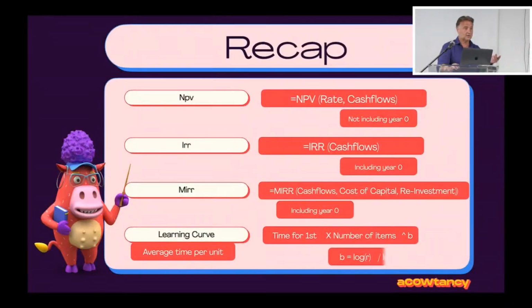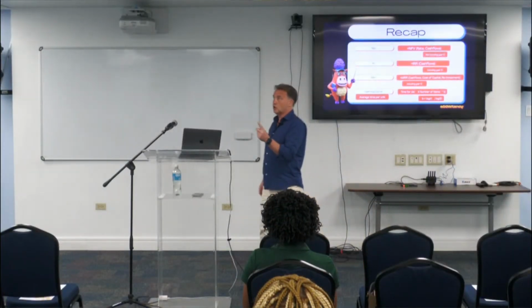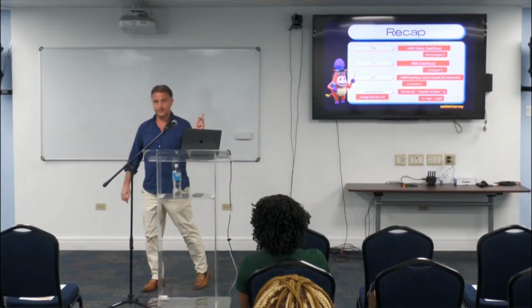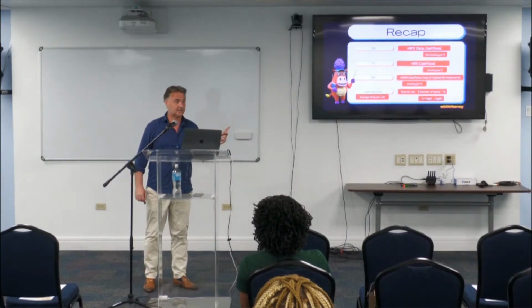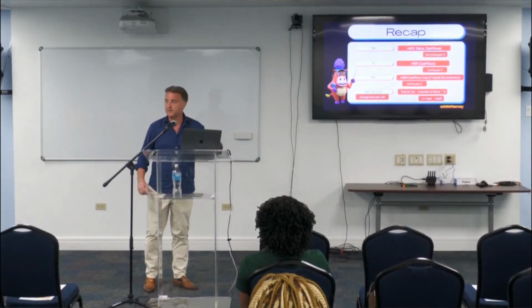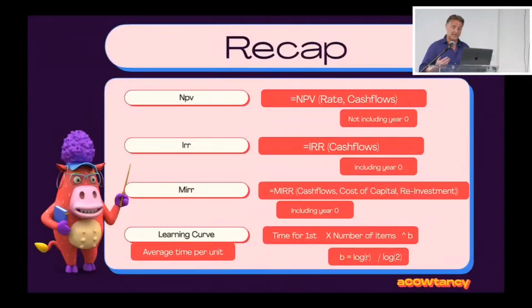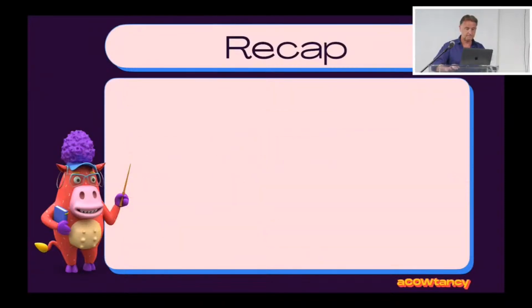Log R divided by log 2. Well done. If the learning rate was 80%, what would your R be? 0.8. It's not always 0.75. It depends what the learning curve is. If it was 80%, it would be 0.8. Log 2 stays the same all the time.